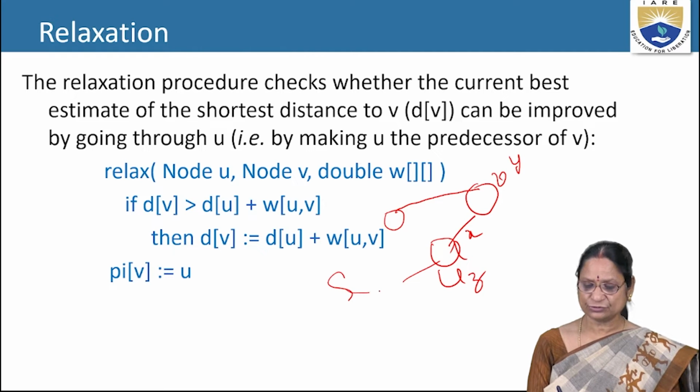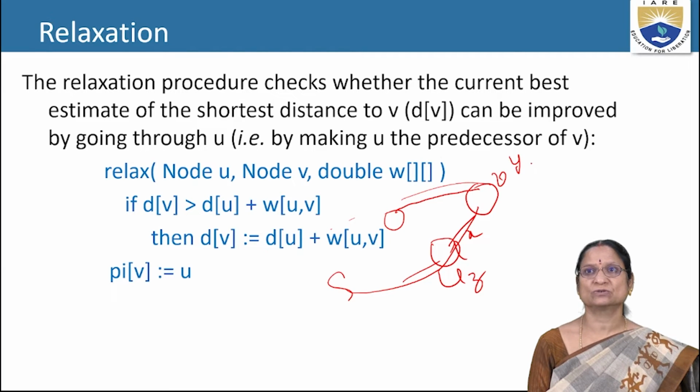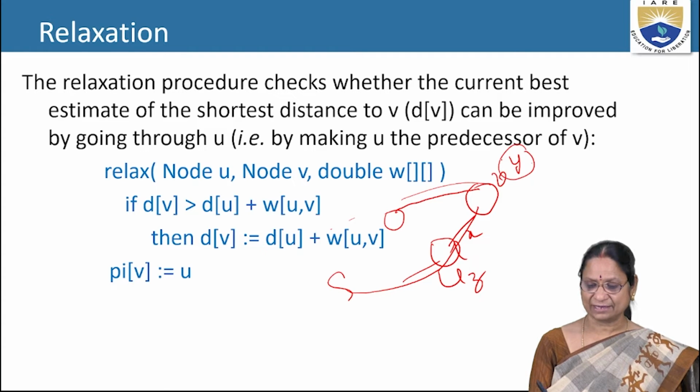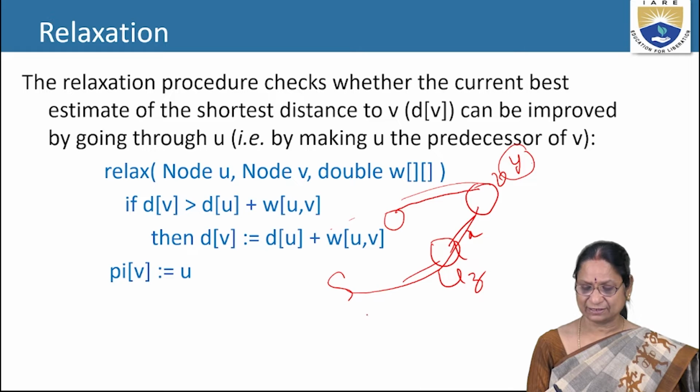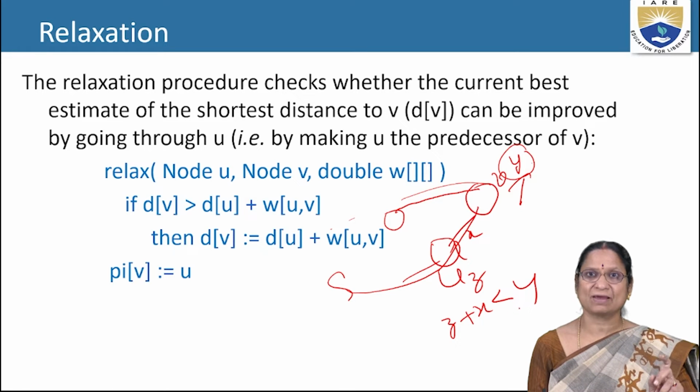That means from the source through U, you can reach V, or through another path which was already estimated, we can reach V. The reachability distance to V previously estimated was Y, and if you consider the path up to U, it is Z, and the distance from U to V is X. So if Z plus X is lesser than the already estimated distance at V, that is Y, then Y can be updated with this value.